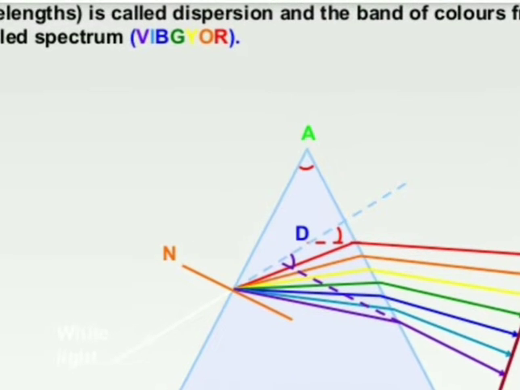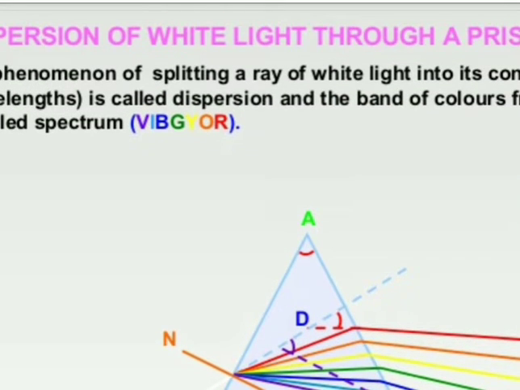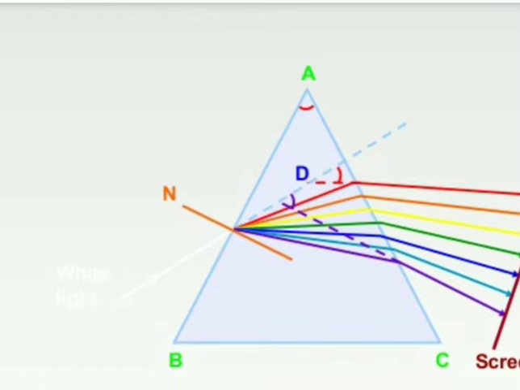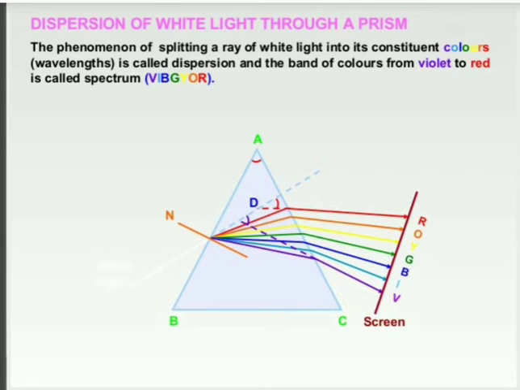Students, whenever white light is allowed to fall on one lateral surface of this prism, you can see here, if I let this white light fall on AB and draw the normal to it, then you can see that the white light splits up into 7 different colors.